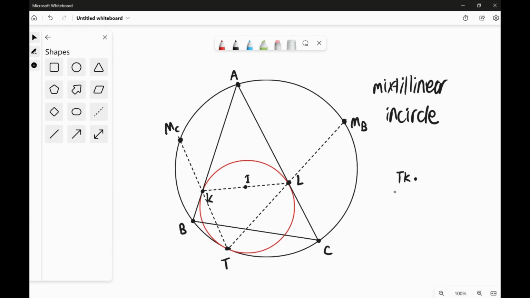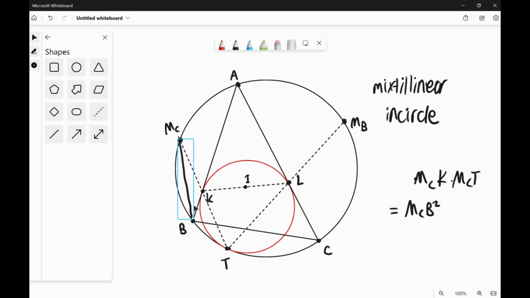Namely, MC K times MC T is equal to MC B squared. In other words, it's also equivalent to showing that these triangles here are similar, MC B K and MC T B. So how can we go ahead and show this?